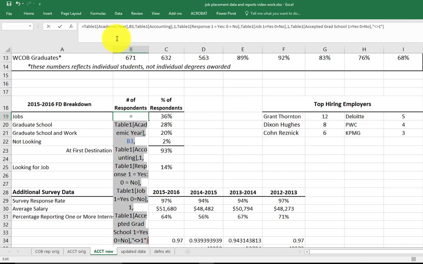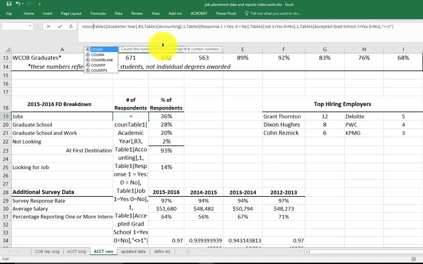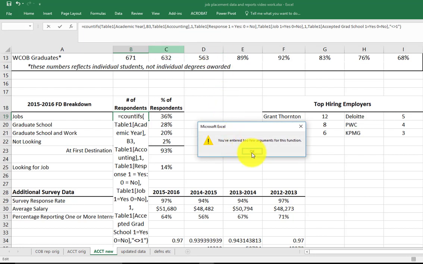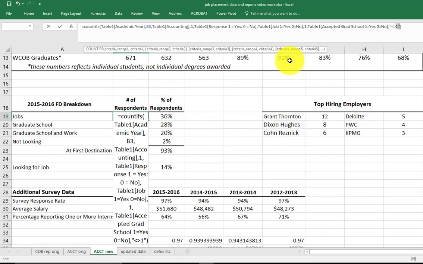Okay, so I've got an issue here somewhere. Well, I forgot to start off with COUNTIFS. That makes a difference. Okay. Alright, I think that takes too few arguments. Right, look at our formula. So it says too few arguments.